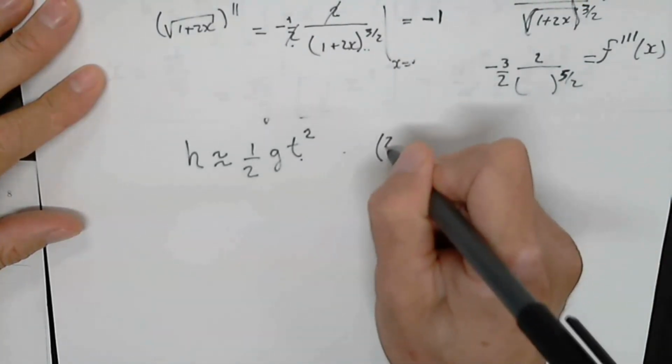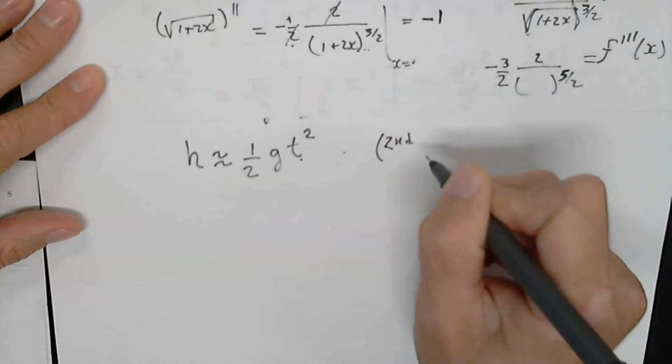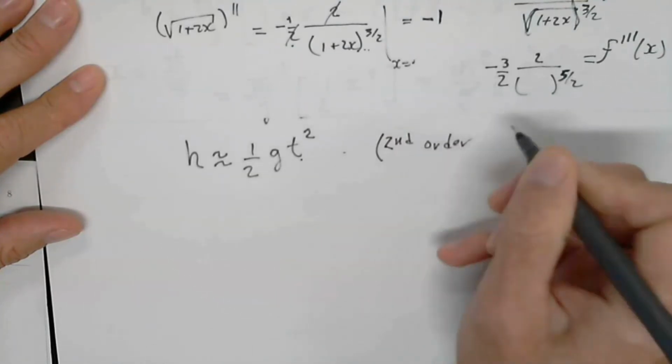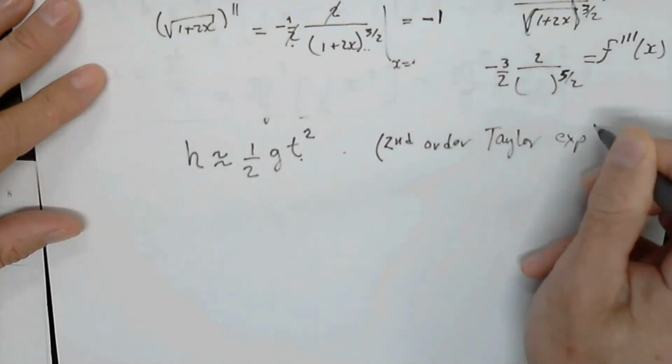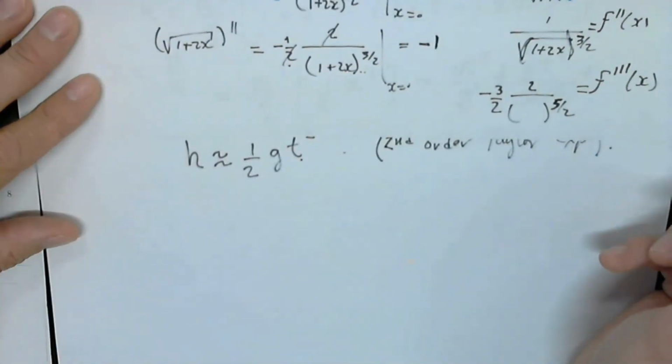So this is the second order Taylor expansion. So we need to get the third term.